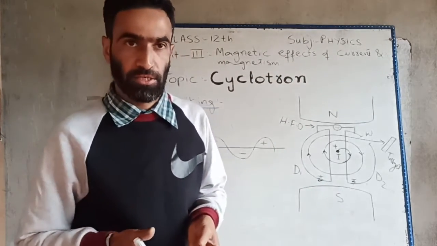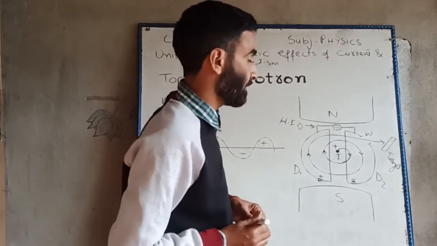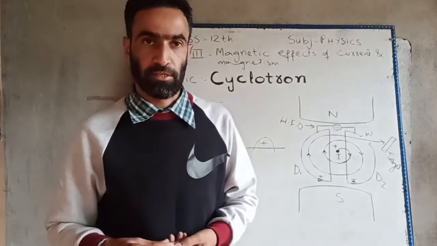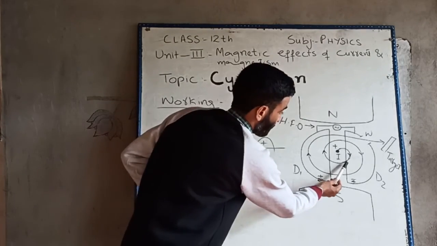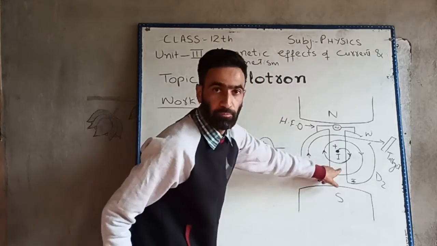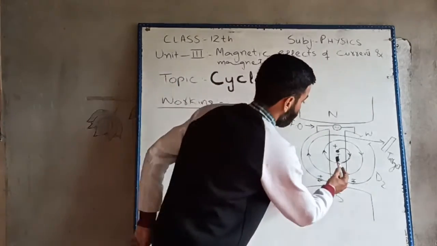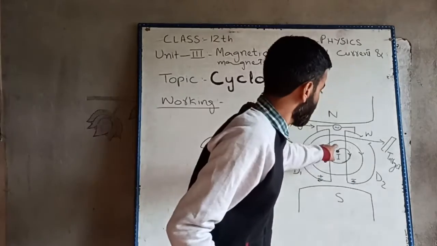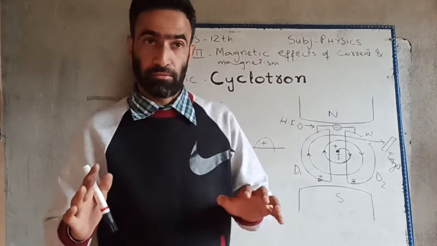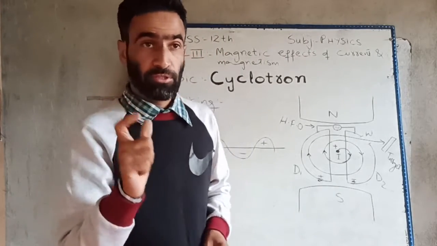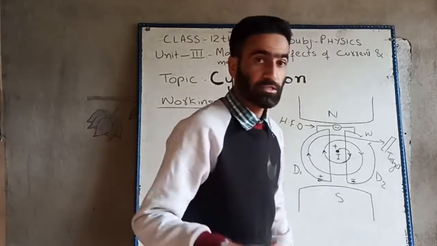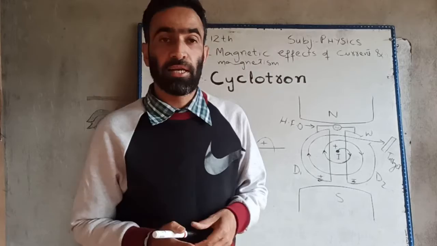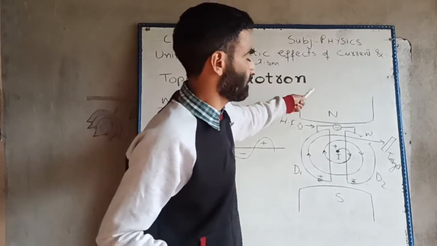Its speed increases within the gap. Important to know: within the D, the particle followed a circular path at constant speed. But when it came out of the D and reached the gap, its speed got accelerated.